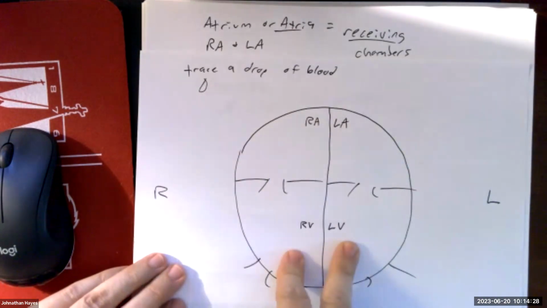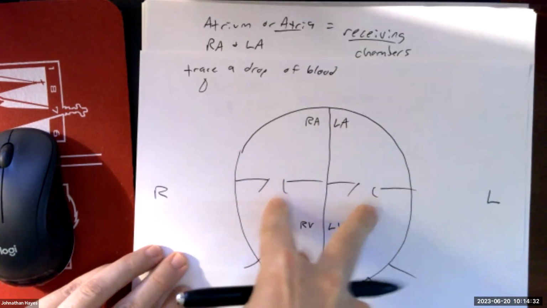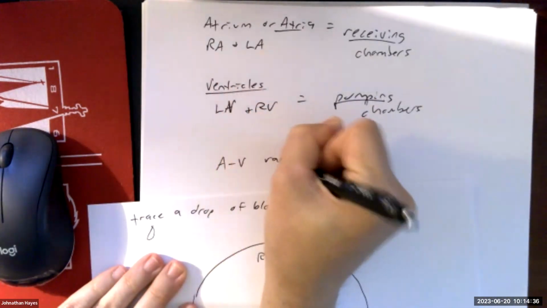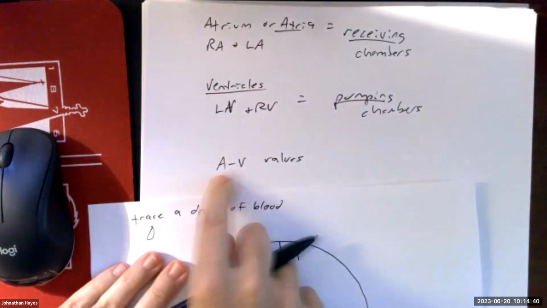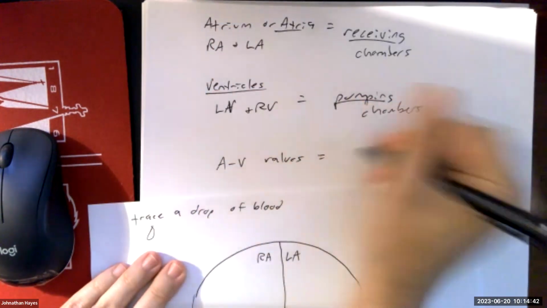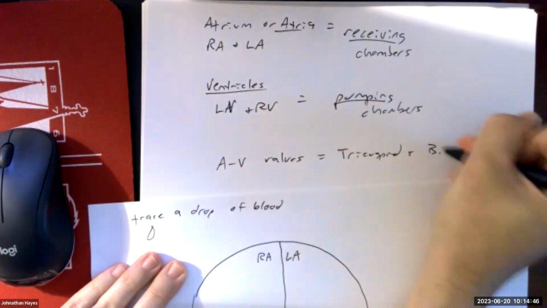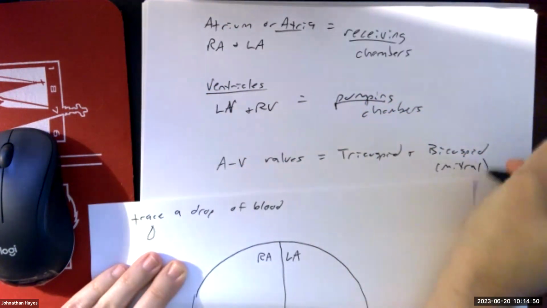Separating your atria from your ventricles are going to be what's called AV valves, right? So these two valves are going to be our AV valves, standing for atrioventricular valves. So atrioventricular valves, there's two of them. You have tricuspid and bicuspid, which can also be called mitral, okay?